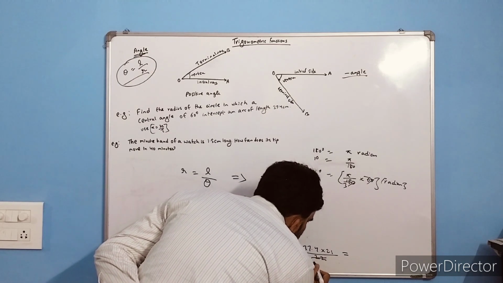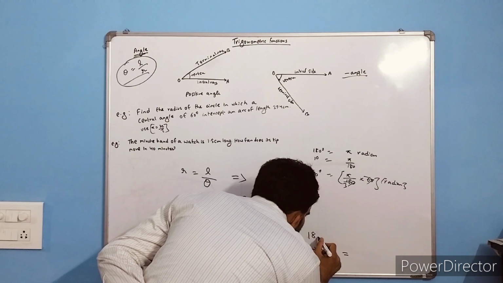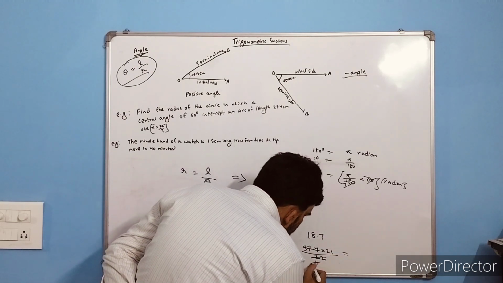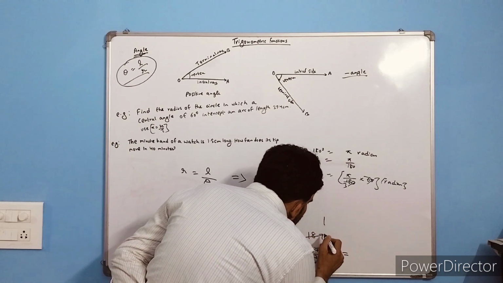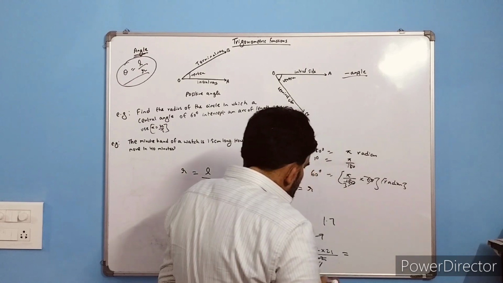If I divide by this, that is 1.7. So I got this.